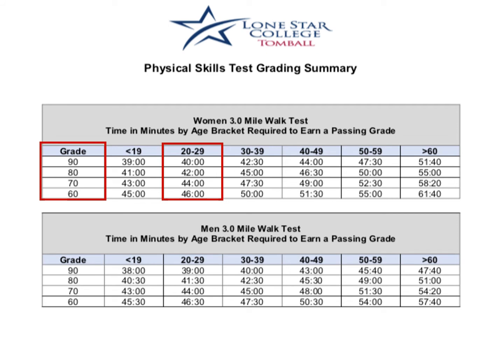Based on this example, a 25-year-old female would have to walk 3 miles in 40 minutes to earn 90%, 42 minutes to earn 80%, and 44 minutes to earn 70%. Be sure you review this document and identify your specific age bracket and completion time criteria for the walk and run tests.